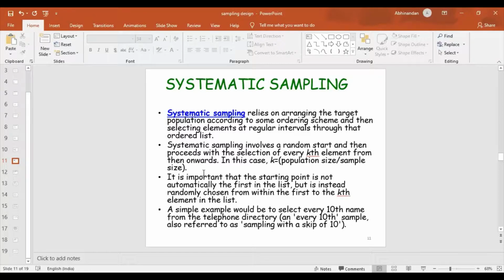If I select 4, then the next sample is register number 8, and the next one is 12, and next 16, likewise, and next 20. So equal interval. The first job is to select the starting point at random. After that, it goes in a systematic way at equal intervals. So that is called systematic sampling.